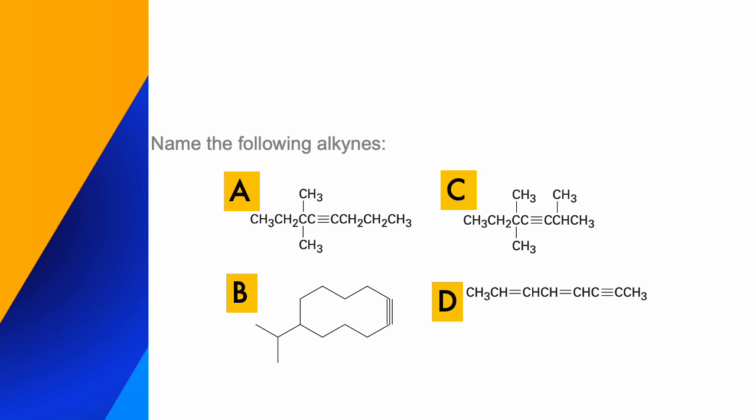This was mentioned earlier, that some of the rules applied in alkane and alkene are also applicable in alkyne. So for letter A, either way, the triple bond is in carbon 4.